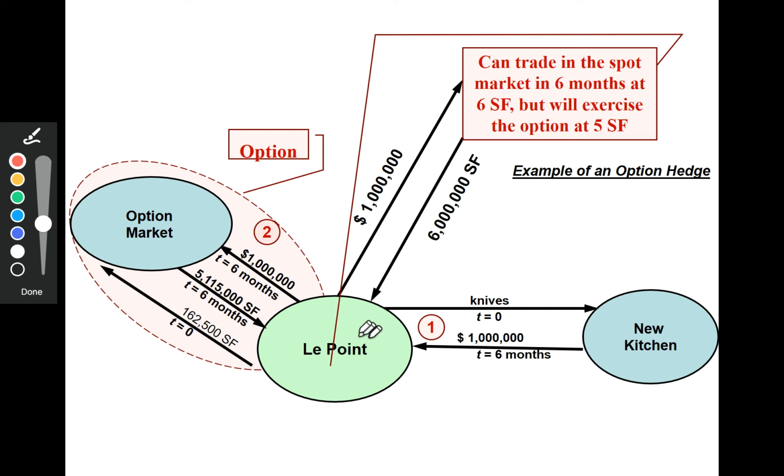In fact, as soon as the bankruptcy happens, we could look at our option contract, and if it still has some value because some time is left on it, we could sell it in the option markets to someone else and receive some of our value or option cost back.